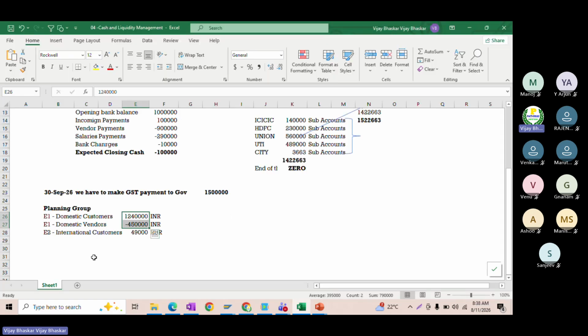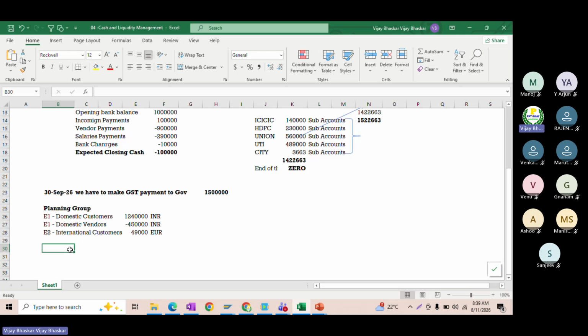If you go this way, management cannot take a decision strongly and say yes, this is data which is 100% correct. No, it will give the wrong impression. So planning cannot be done accurately.